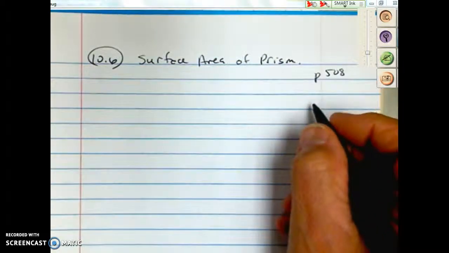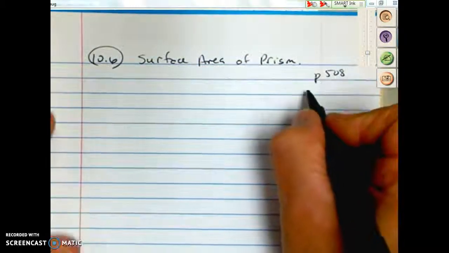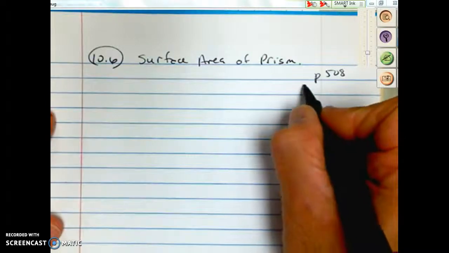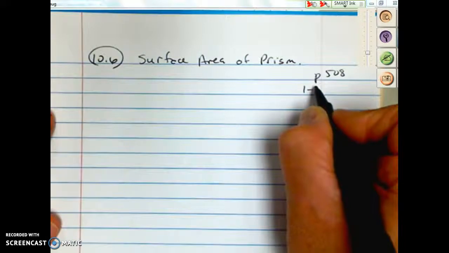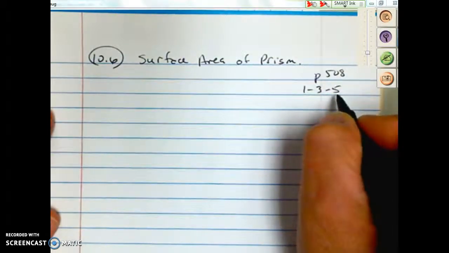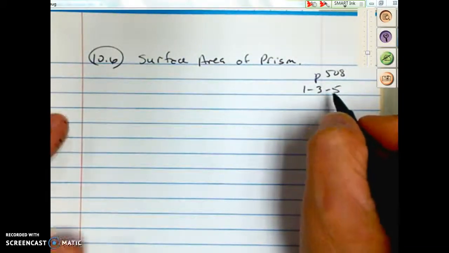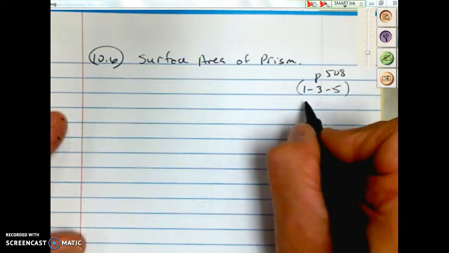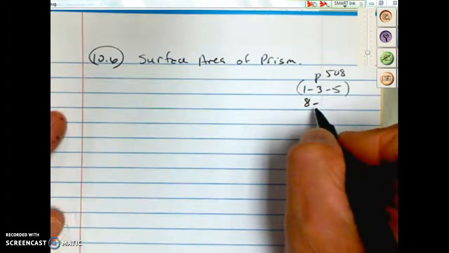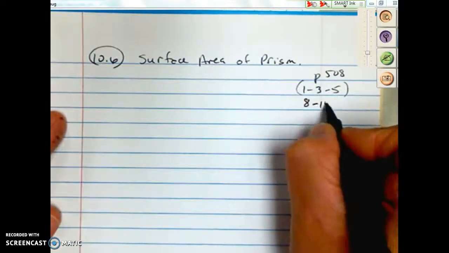Now the assignment is to do numbers 1 through 3 and 5. Start out there, 1, 3, and 5. And then from there, we're going to skip to the even problems. So we're going to go evens 8 through 14.